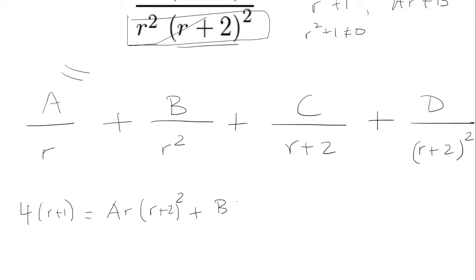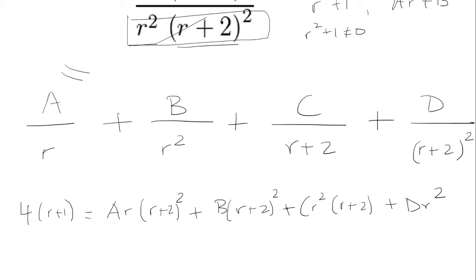The r squareds get canceled, so we have B times (r plus 2) squared. The next one, the (r plus 2) gets canceled, so we have C r squared times (r plus 2). And the last one, the (r plus 2) squared gets canceled, so we have D r squared left.